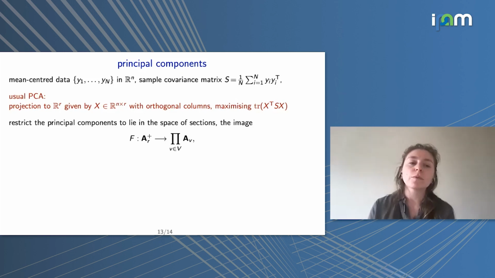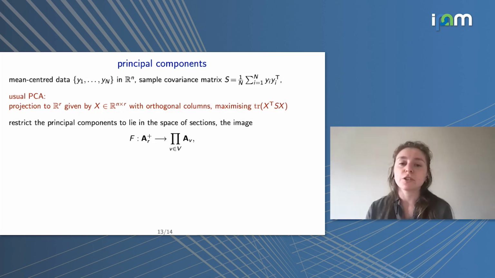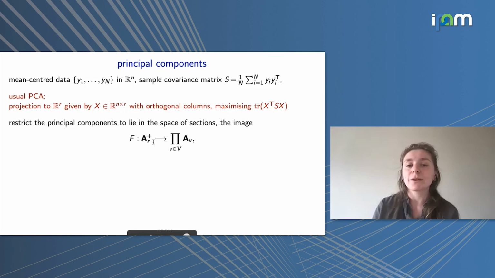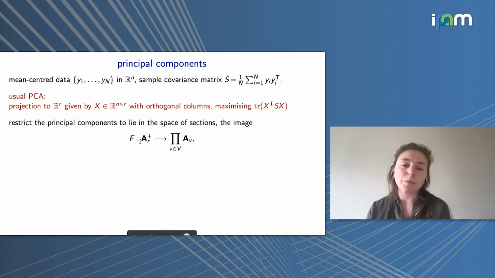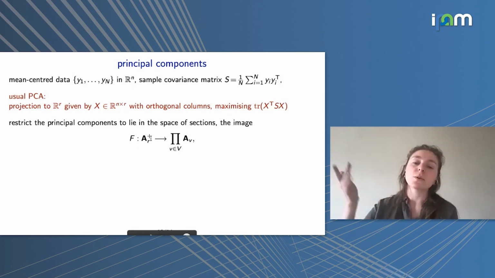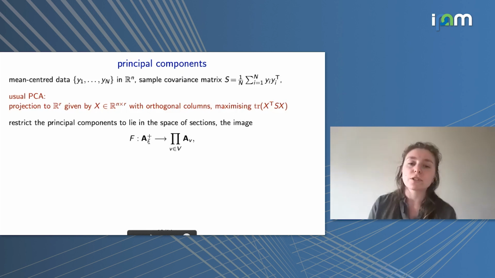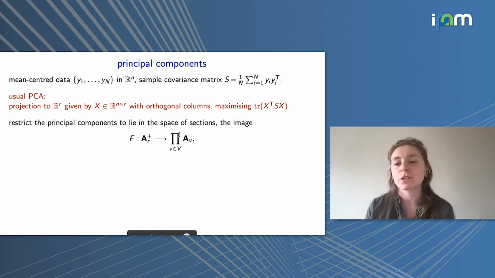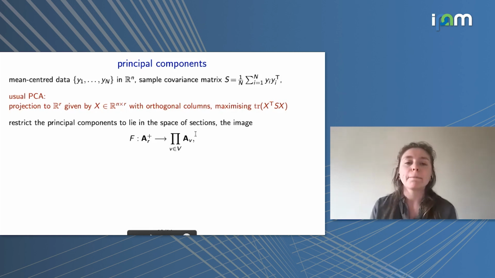But now we want to restrict the principal components to lie in the space of sections. So the space of sections is given as the image of a linear map. So this is our root vertex that we ended up with after this sequence of restrictions. And it gets mapped into the full possible vector space in which the sections could lie.